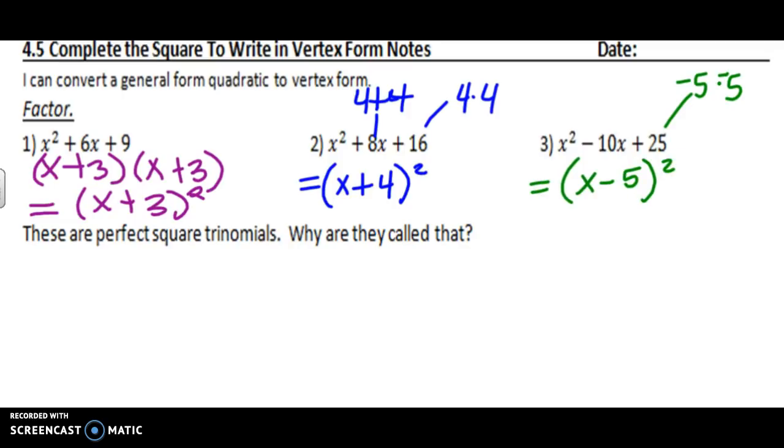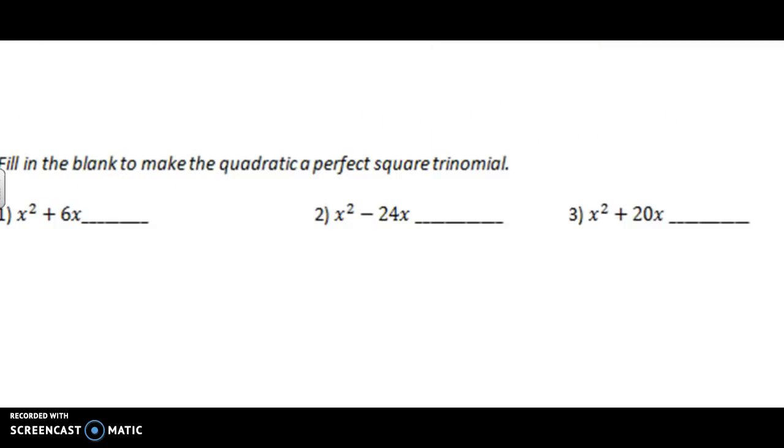And we call these perfect square trinomials because the factored form of them is a binomial that's being squared. For these next couple, we're going to build off of what we just talked about and look at the fact that we're missing that C component. So here you're missing the C value, and that's what you're trying to find. We know that this number, however, should be split up equally.